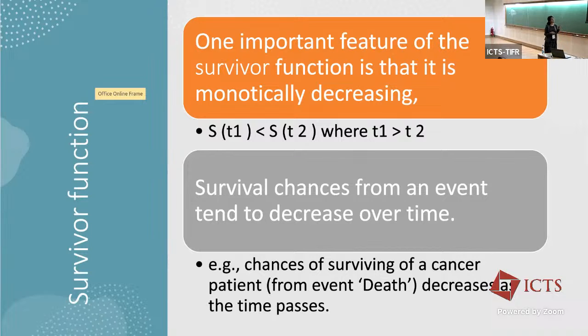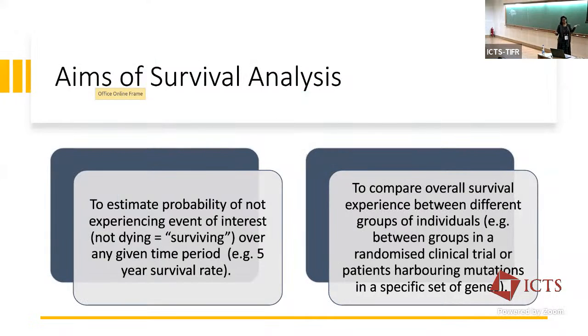Survival chances from an event tend to decrease over time, of course, because if we're studying diseases, or studying equipment, machines, after time there'll be wear and tear also. So it might fail faster. It's going to fail over time. So chances of a cancer patient surviving from the event of death decreases as time passes, or even for machines, like I told you.